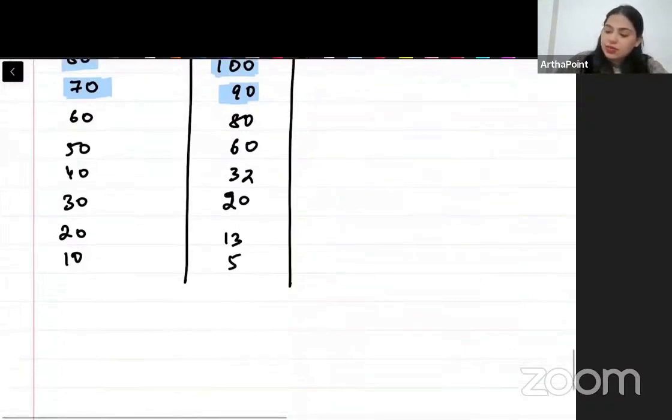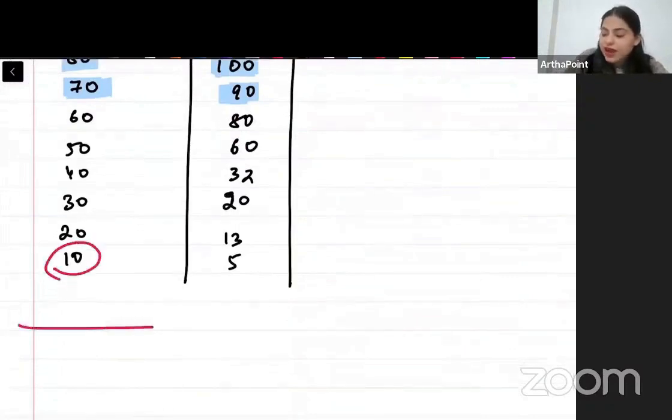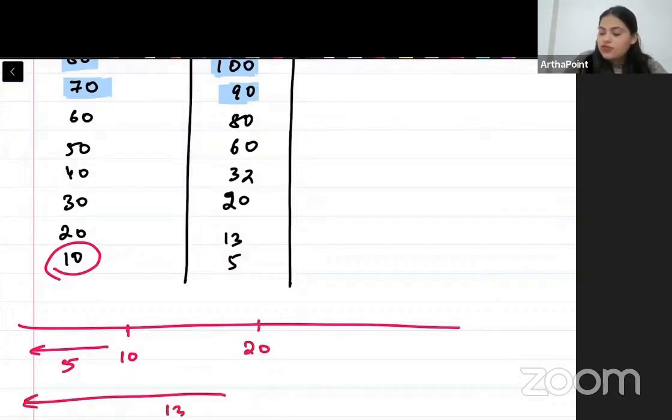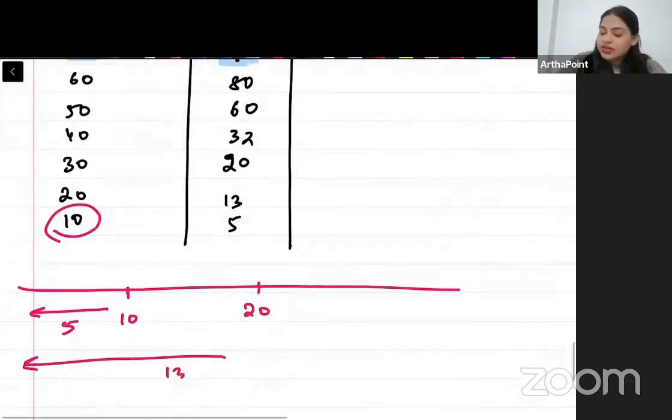So again, just think about it. I am saying that there are 5 students who have scored less than 10. And there are 13 students who have scored less than 20. So beta, how many students must be between 10 and 20?